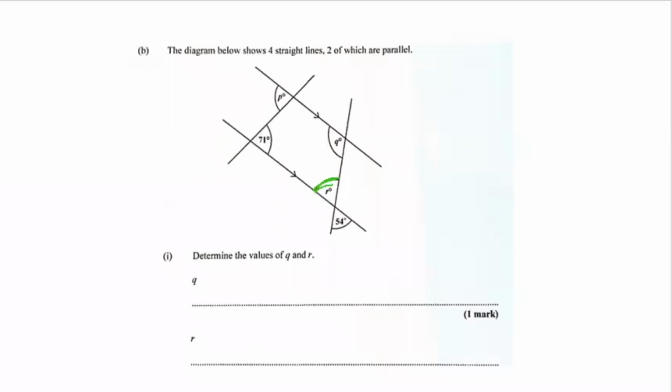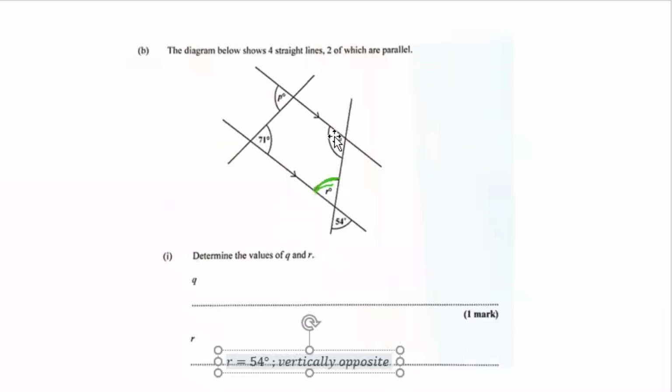So R is vertically opposite to 54 degrees. Therefore, R is 54 degrees because vertically opposite angles are equal. So I'm going to say R is equal to 54 degrees. And if they had asked you for the reason, you can say it is vertically opposite.